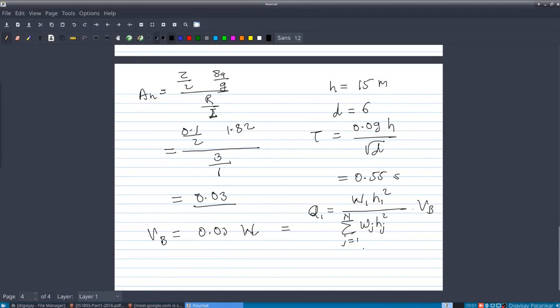So this is the fraction at first story. So you can see this part is going to remain constant, this part is going to remain constant. So for each floor, only this part is going to change: W1 H1 square, W2 H2 square, W3 H3 square, and W4 H4 square, and so on. Then you will get Q1, Q2, Q3, Q4.